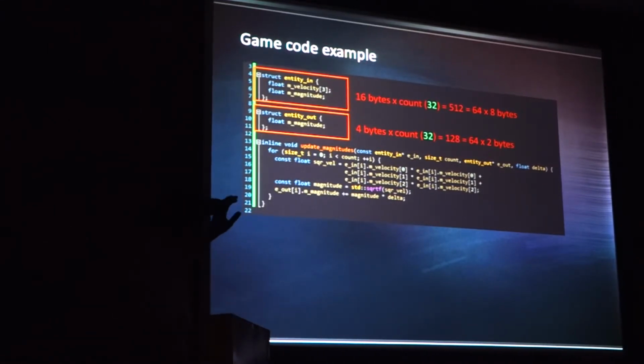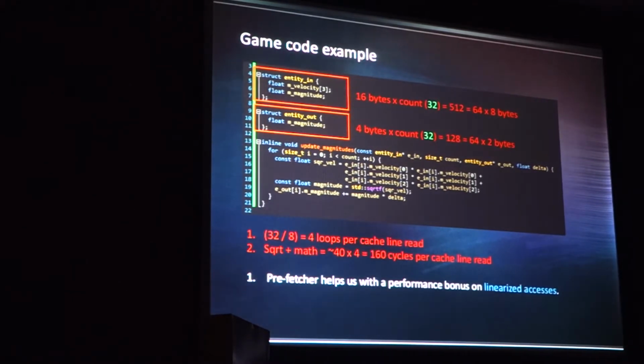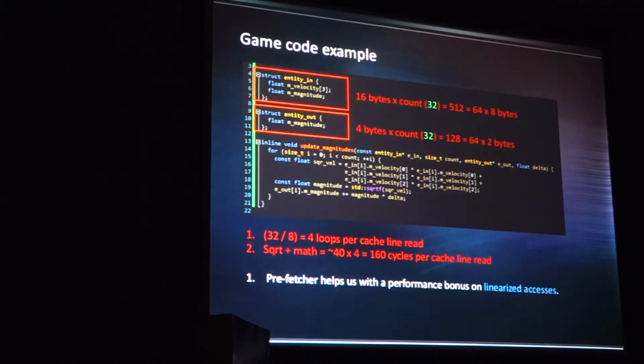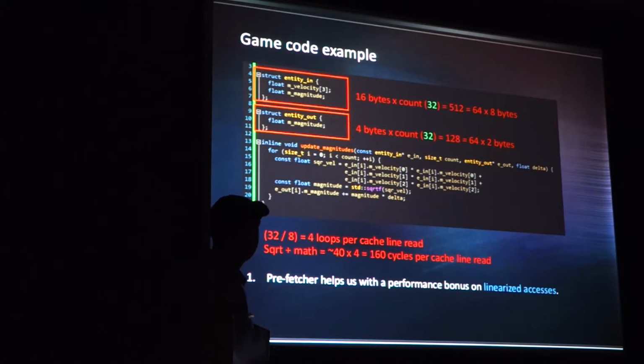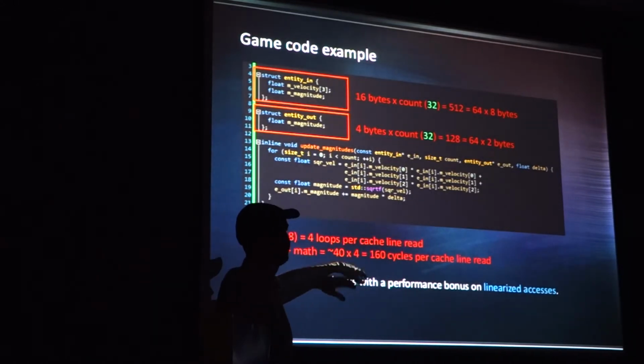So now that I have 32, let's take a look at what happens. Okay? So we have 32 divided by 8, which is like 4 loops per cache line read. Okay? And then, so 32 accesses divided by 8 cache lines, let's say. Well, this should have actually been 10. I'm sorry, my math screwed up here. Should have been 32 divided by 10. So then square root plus the math that we're doing, so that's like the other stuff, that's 40 cycles times 4.